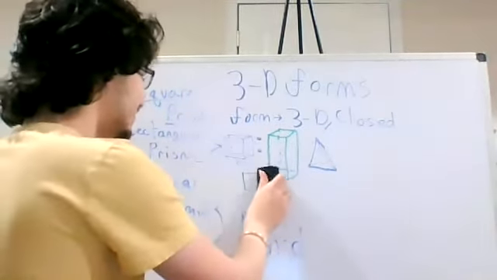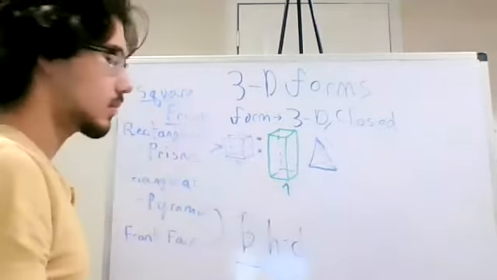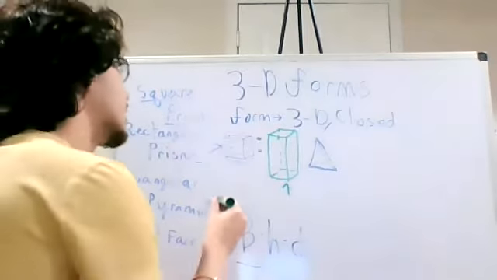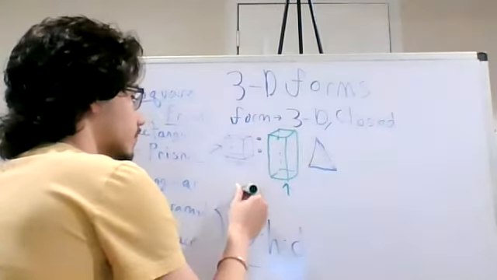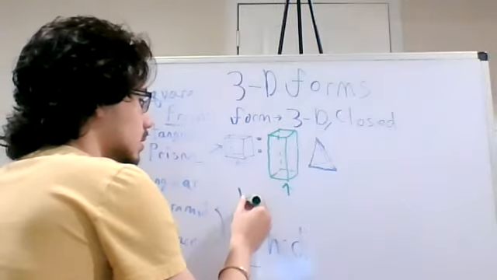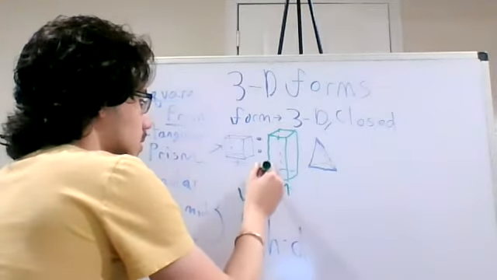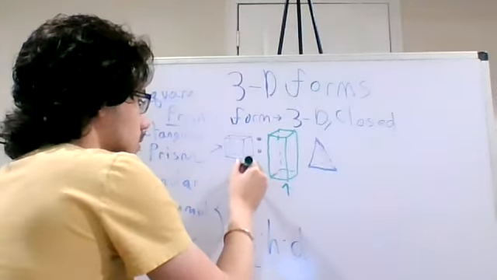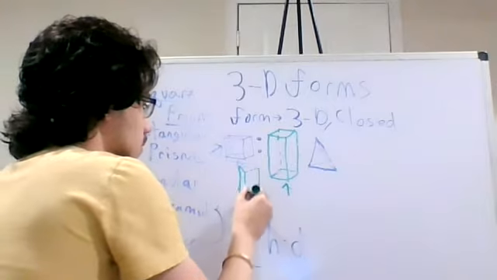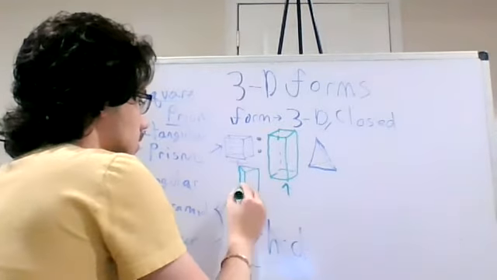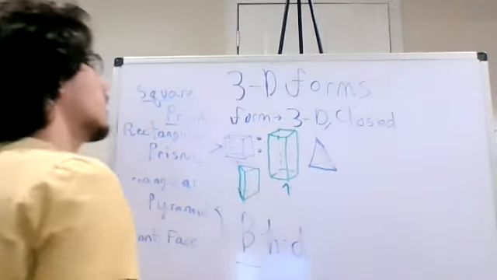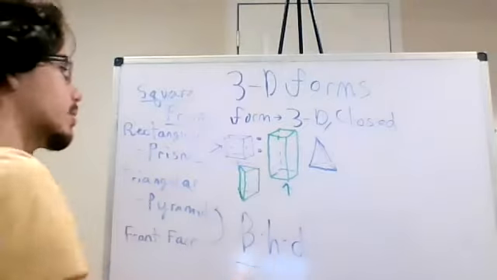But now, we can take a look at a triangular prism. So we have our form here, a triangular prism.